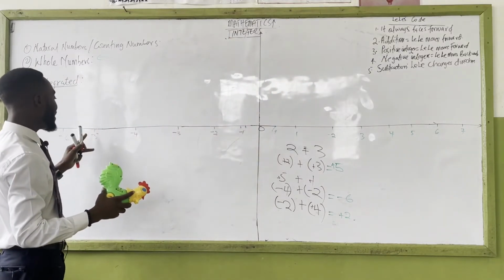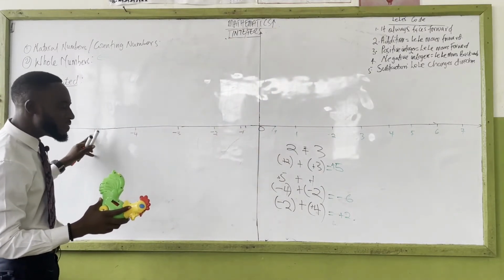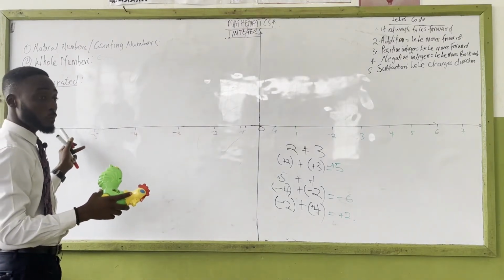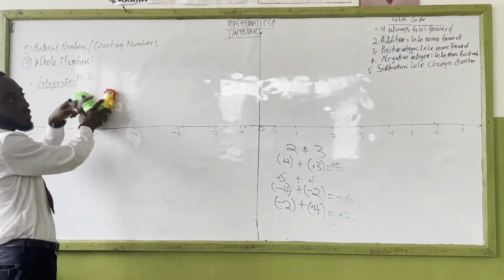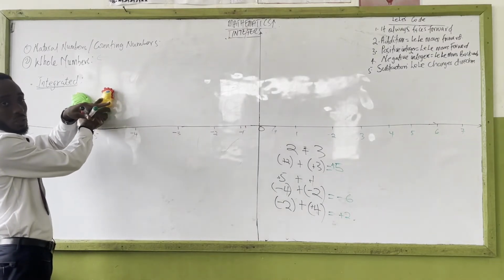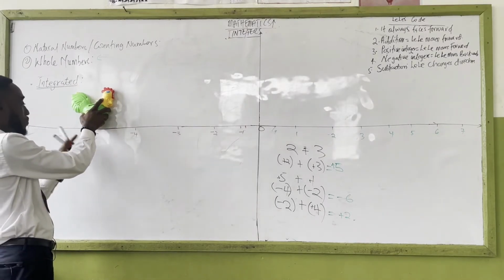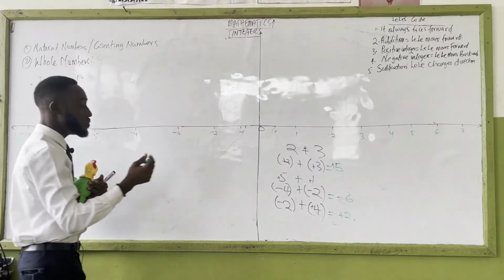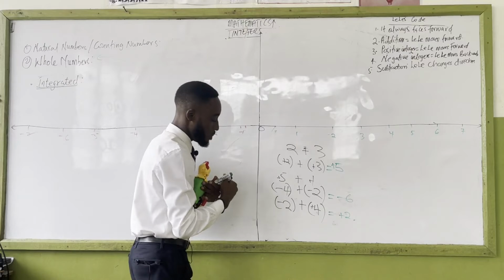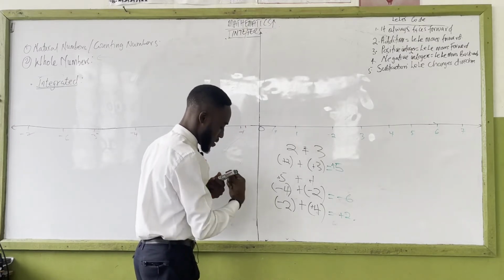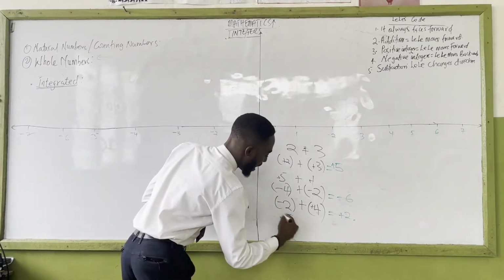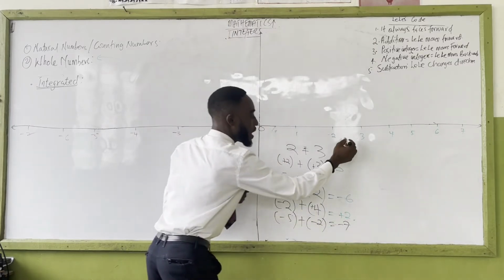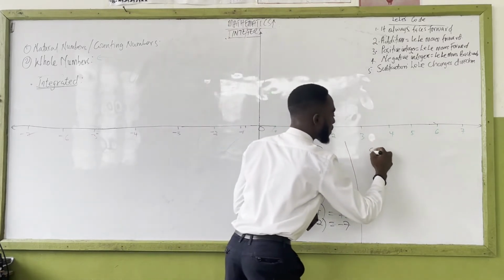So what if we are adding negative 5 plus negative 2? So negative 5, negative integers. Lele does what? Moves backwards. So he moves 1, 2. So negative 5 plus negative 2 will be what? Perfect. Negative 5 plus negative 2 is negative 7. Now, can we do some subtractions here?